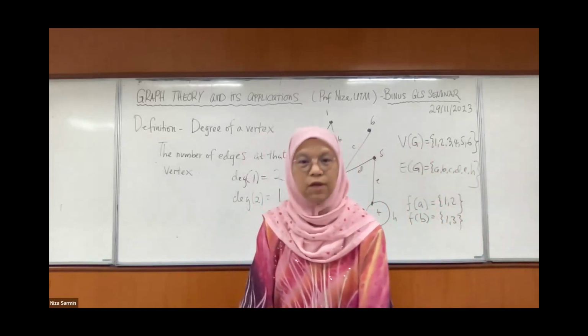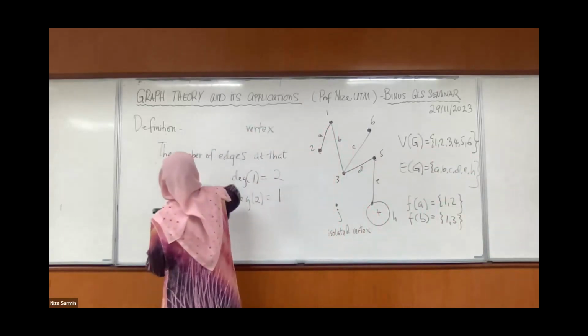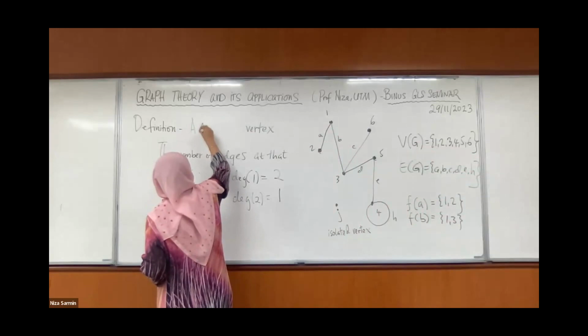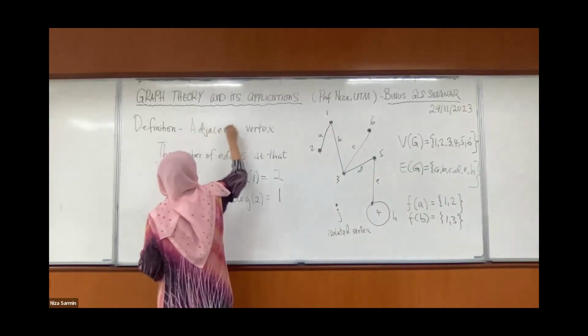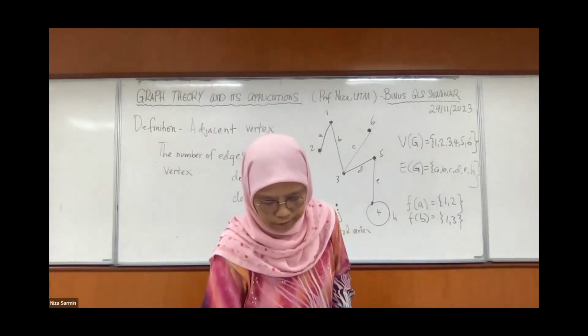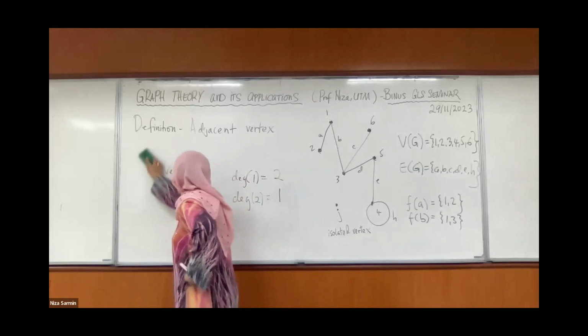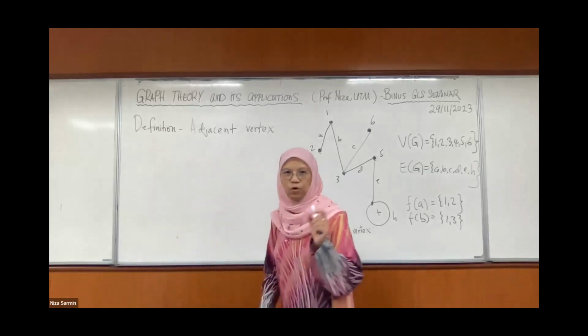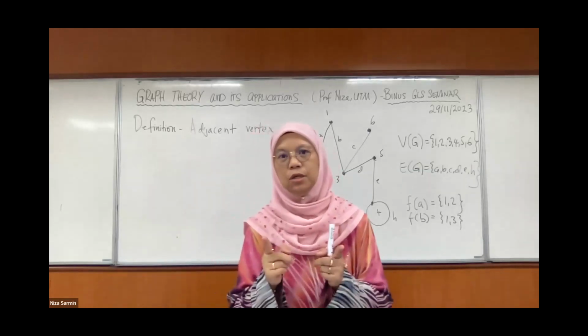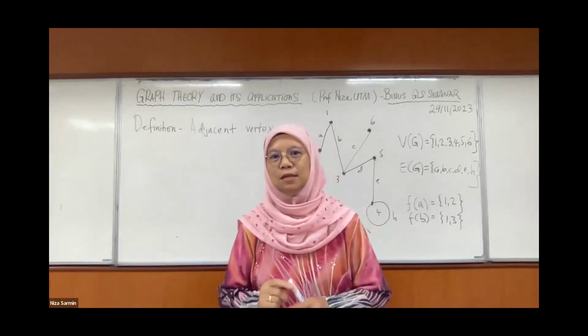Okay, so this is the degree. Now, the next definition is adjacent vertex. If you have an edge between two vertices, they are called adjacent vertices.